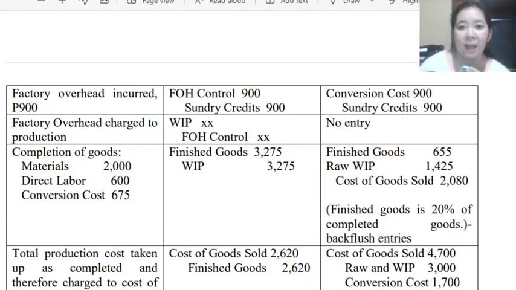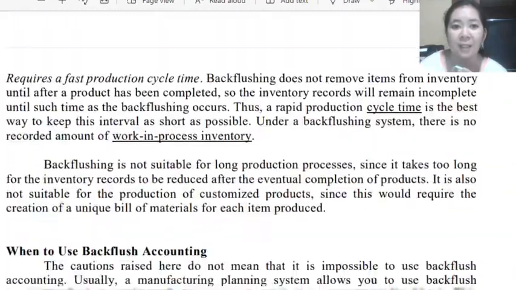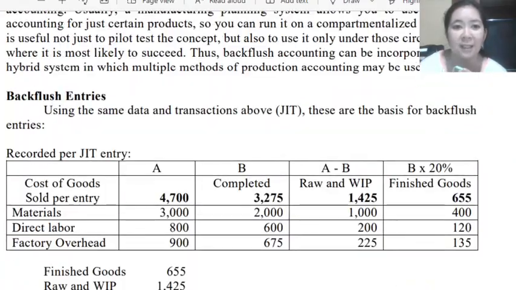Later on, to understand these entries better, we will have the illustration under the backflush entry. We have the table to show where this finished goods item was from. Okay, this is the table, cost of goods sold per entry.